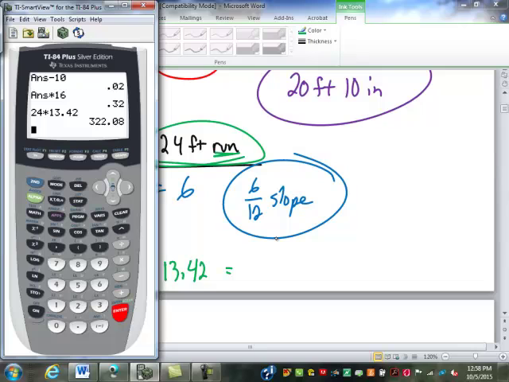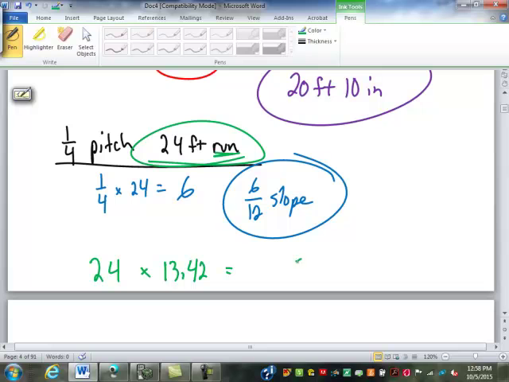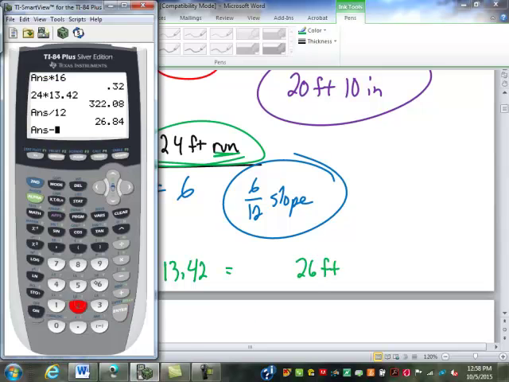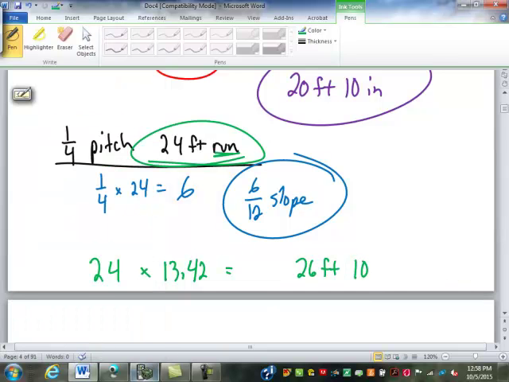Are you good with us so far, Sean? Does that make sense? How about this process of converting it down into feet, inches and 16ths? All right, so we divide by 12. So we get 26 feet. So we're going to subtract the 26, times 12 to turn it back into inches. 10.08, so that's 10 inches.